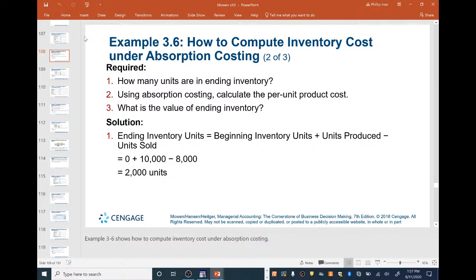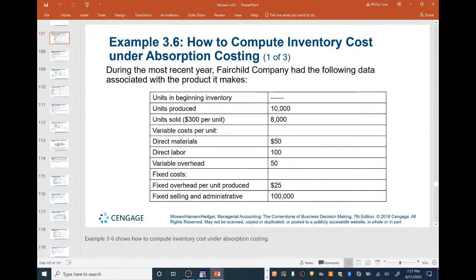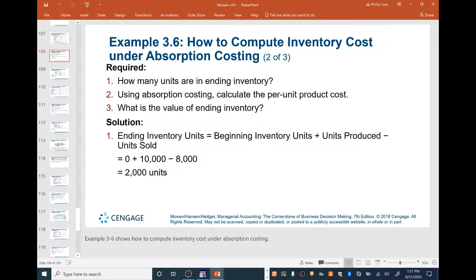Looking at the data, beginning inventory was 0, we produced 10,000, and we sold 8,000. So 0 plus 10,000 minus 8,000 gives 2,000 units in ending inventory.